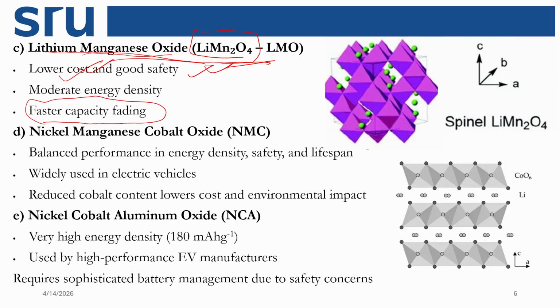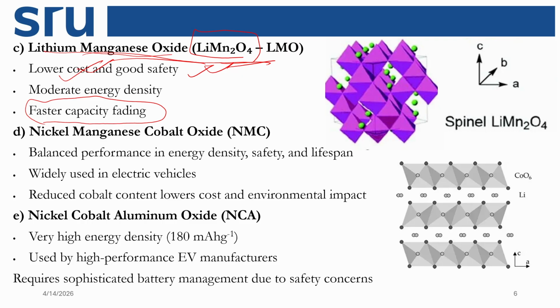So it gives satisfactory results, safety-wise it is good, cost is also very low, and energy density is okay, in the borderline or moderate range, but you cannot use it for the long run, because this compound gets decomposed, or the structure of the compound gets distorted, and the stability is not there for a longer run. So that is the disadvantage of the LMO, or lithium manganese oxide.